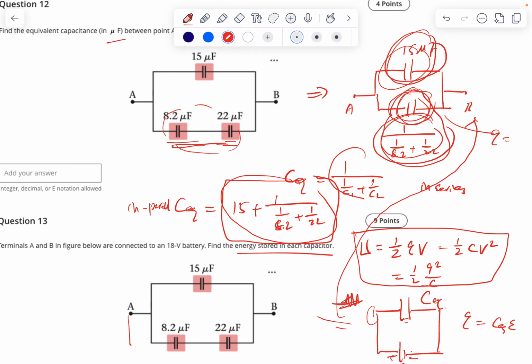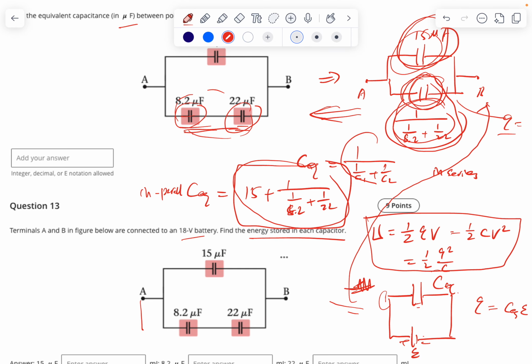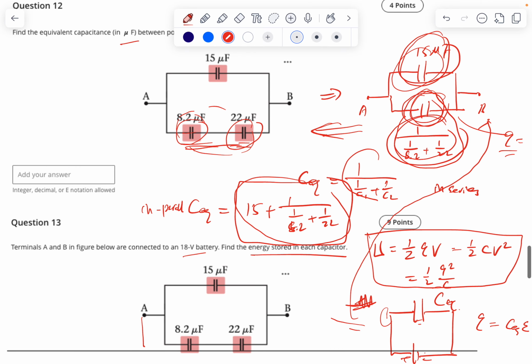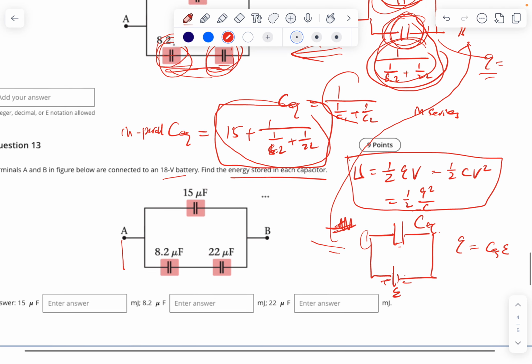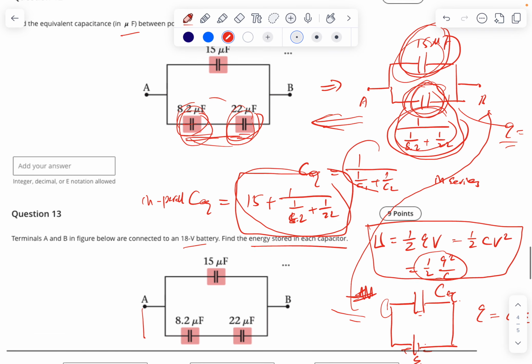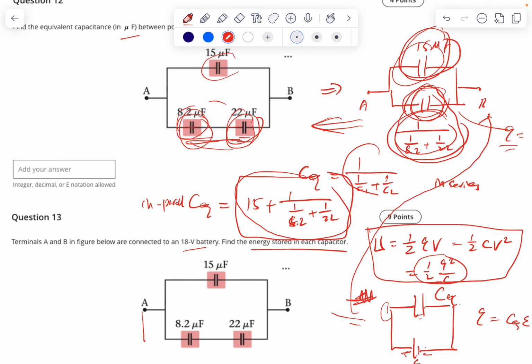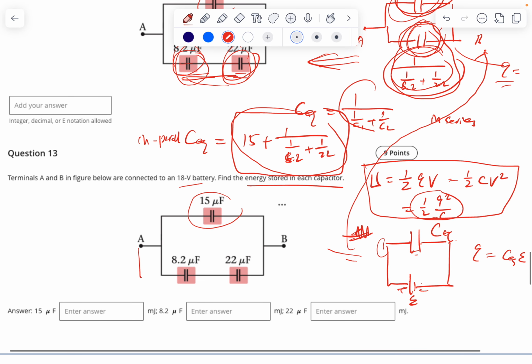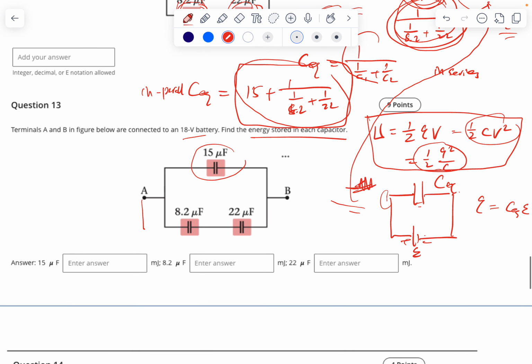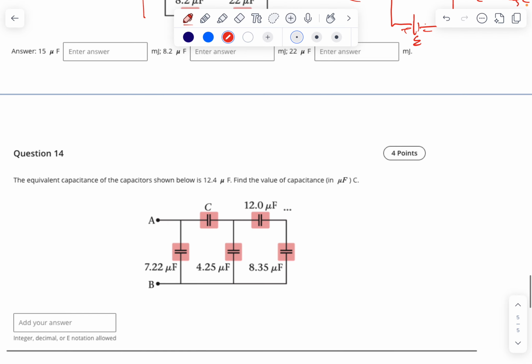Then you go back to here. Because they connect in series, the charge is the same. Then you can figure out the charge on each capacitor, and then you can know the energy using this equation. For this one, you don't have to figure out the charge. If you know the voltage on this one, you use this equation to figure out the energy stored there. All right, next one.